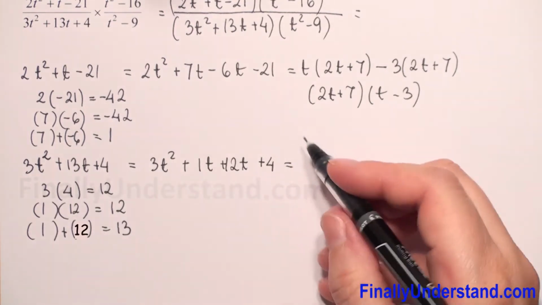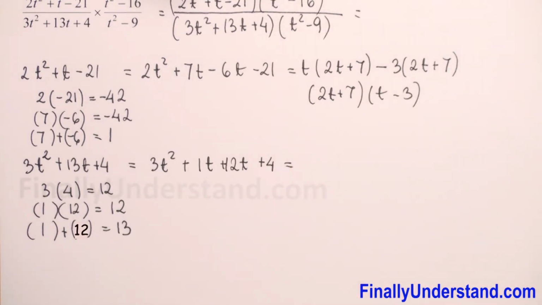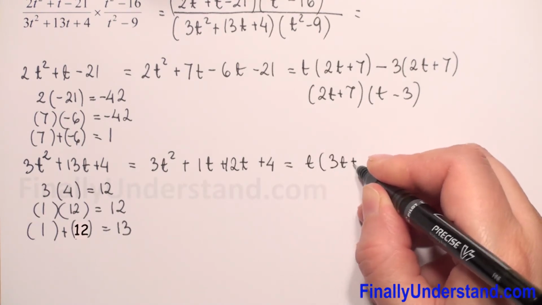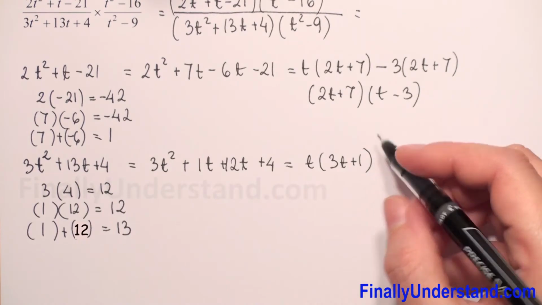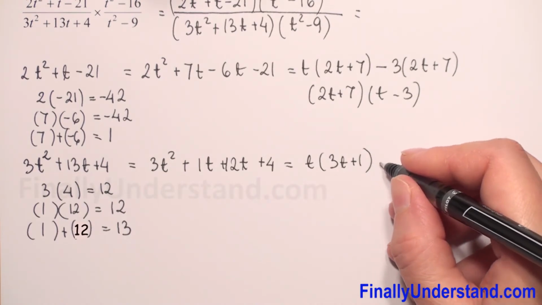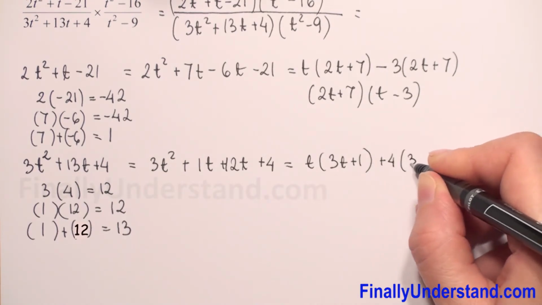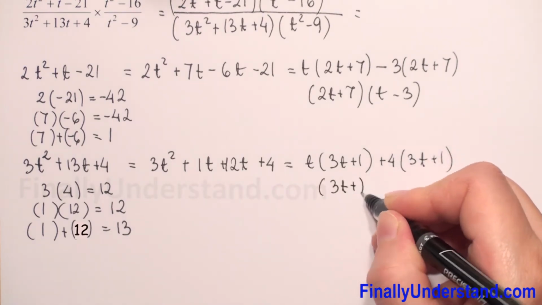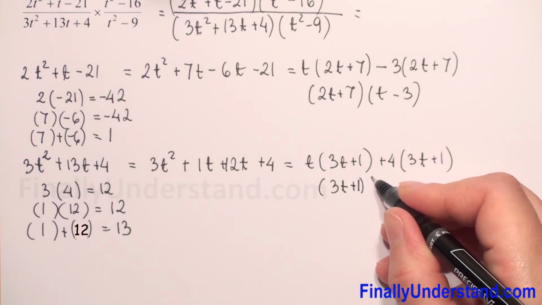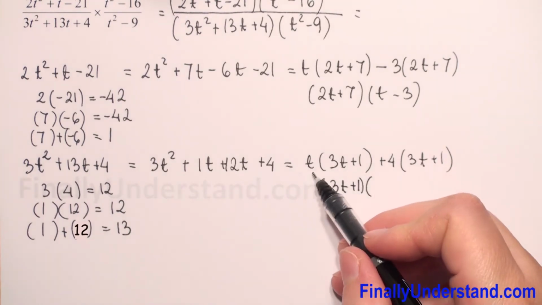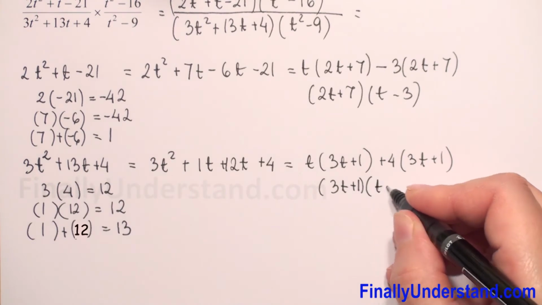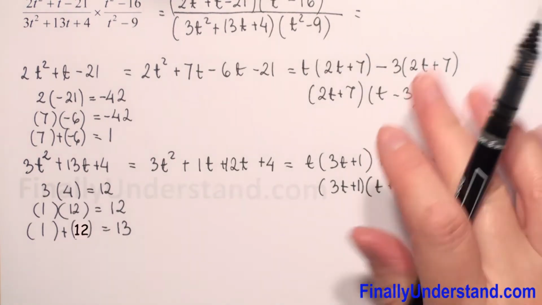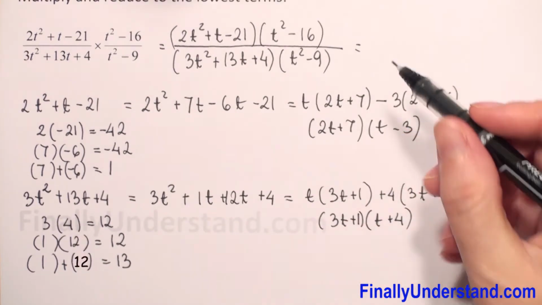From these two first expressions we can factorize t, and in parentheses we will have 3t plus 1, and from the last two terms I will factorize 4, so it will be 3t plus 1. 3t plus 1 we can factorize, and in the second parenthesis I will have whatever is left, t plus 4.